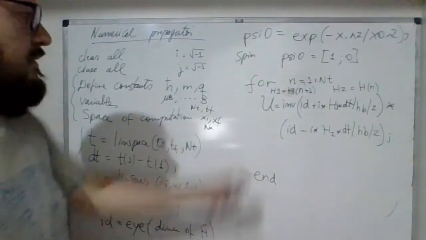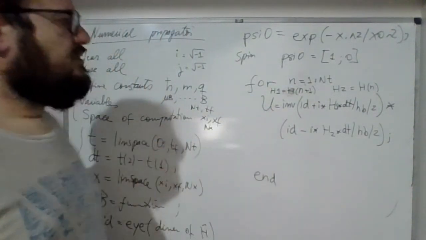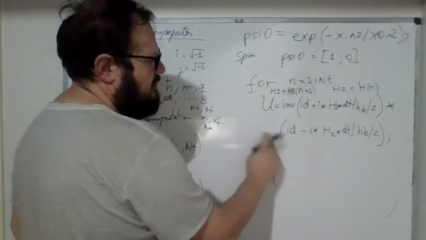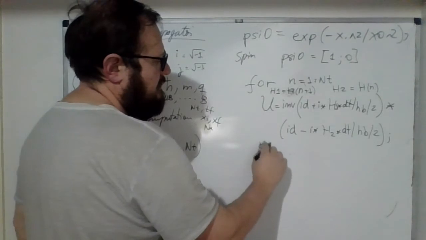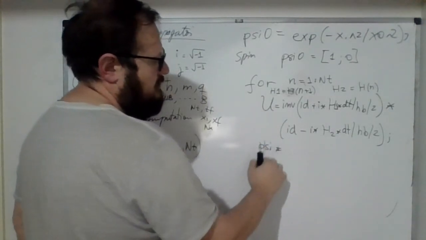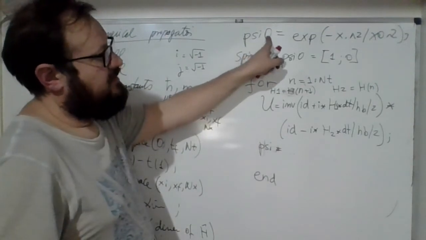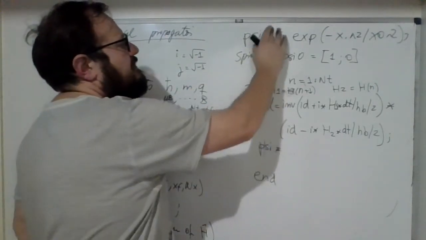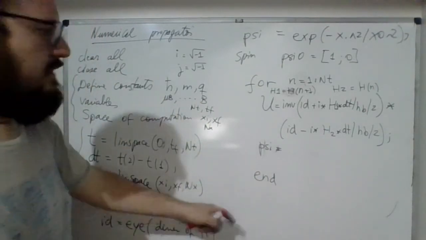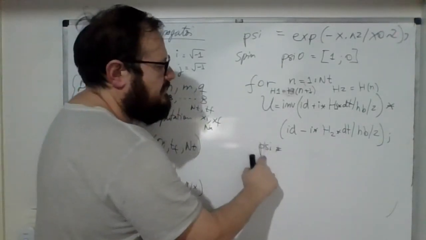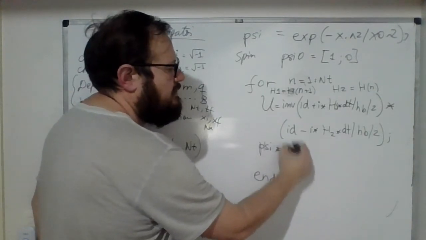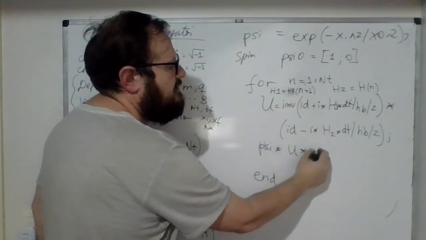All right, so you find this evolution operator, and then you just find your psi. Suppose you write the psi initial without this zero here, so you can calculate this way: psi is equal to the operator multiplying this psi.